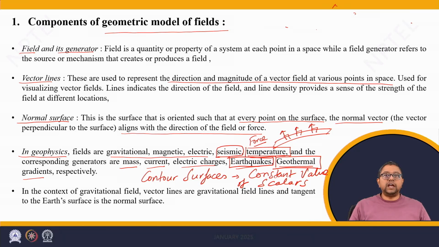In the context of gravitational field, vector lines are gravity field lines, which are tangent to the Earth's surface. In the context of gravitational field, we will be discussing the vector lines and normal surface. For gravitational field, the vector lines are the gravitational field lines and the tangent to the Earth's surface is the normal surface.